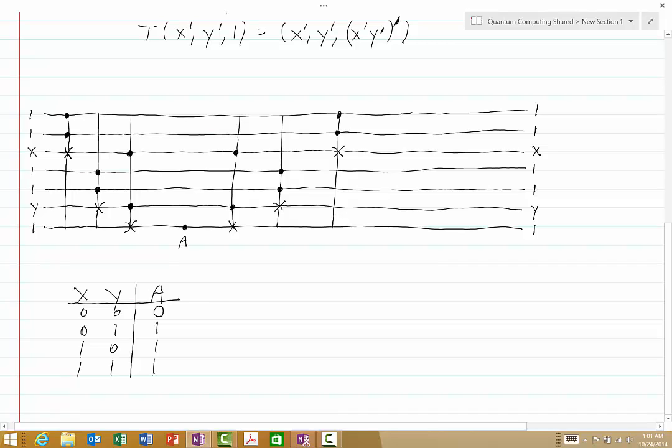And now compare that to the truth table for X or Y. We can put one more column here.